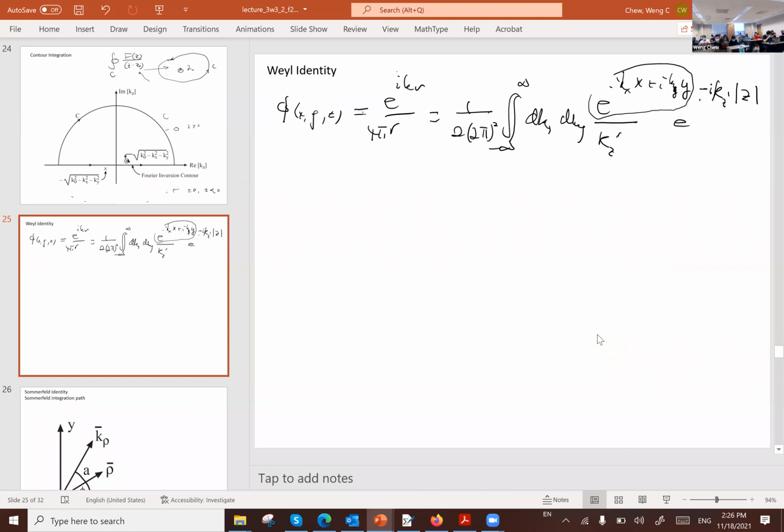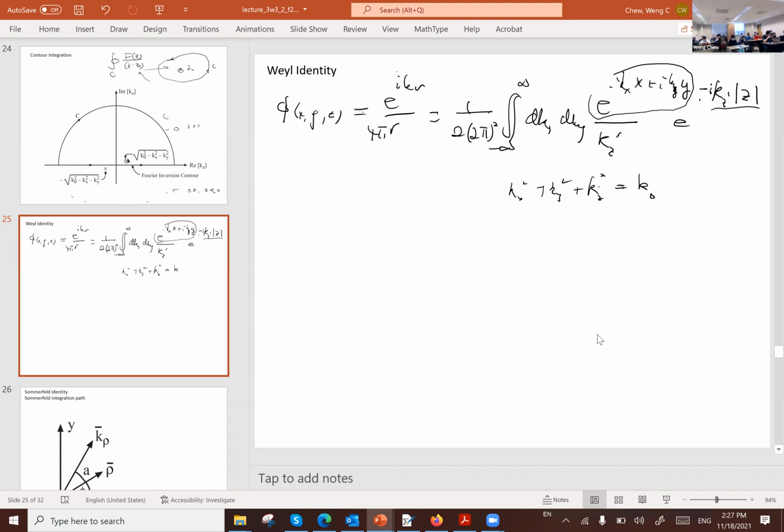And then there's the third term, which is this term over here. Before we did this residue integration, we had kx squared plus ky squared plus kz squared not being equal to anything.